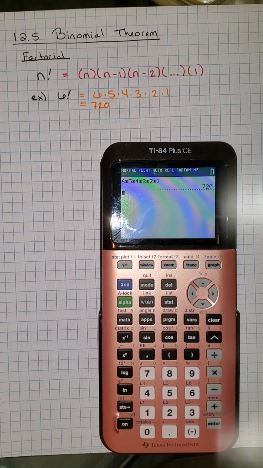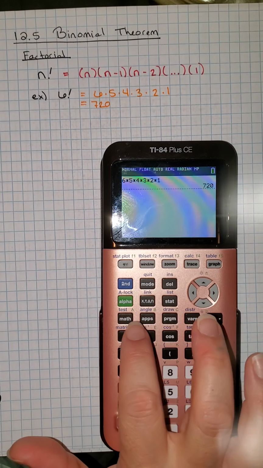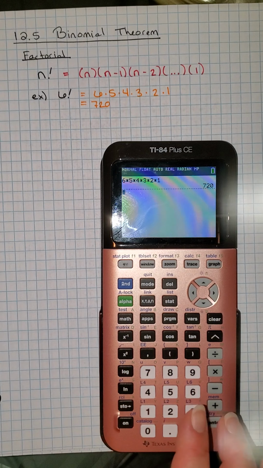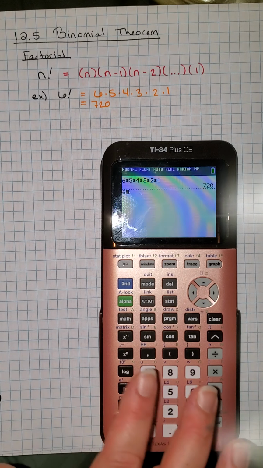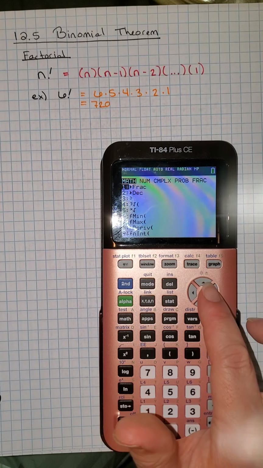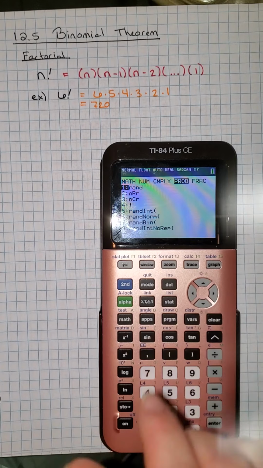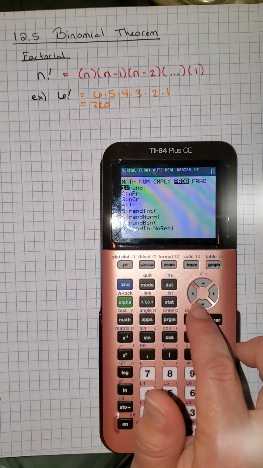Another way to do it, and there actually are ways to do it on both scientific and graphing calculators. I don't know what kind of scientifics you guys have, so it's hard to say. But I'm doing 6 factorial, so I'll type the 6. I go into the math menu, and this is actually a probability thing. So I arrow over to probability, and number 4 is your exclamation point.